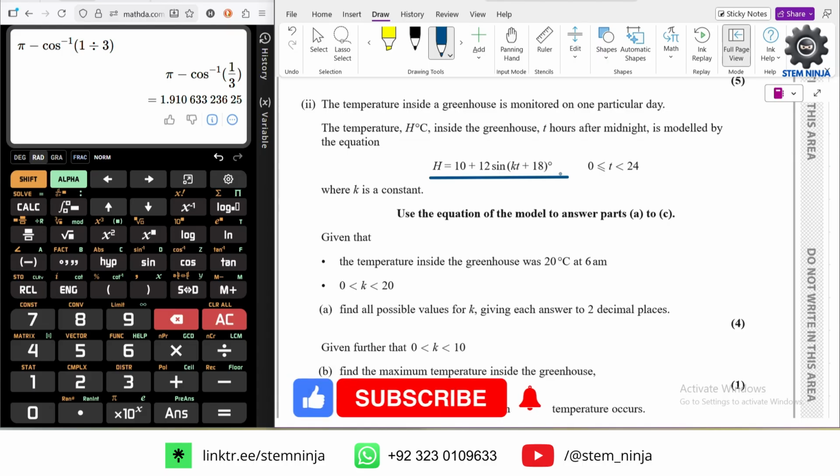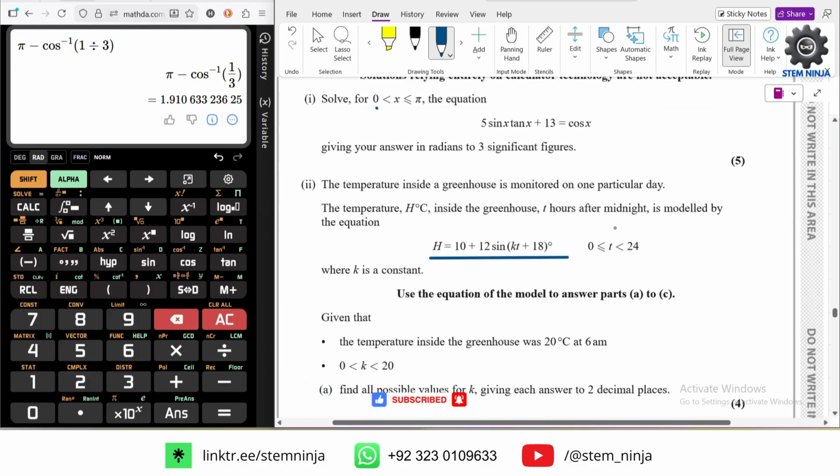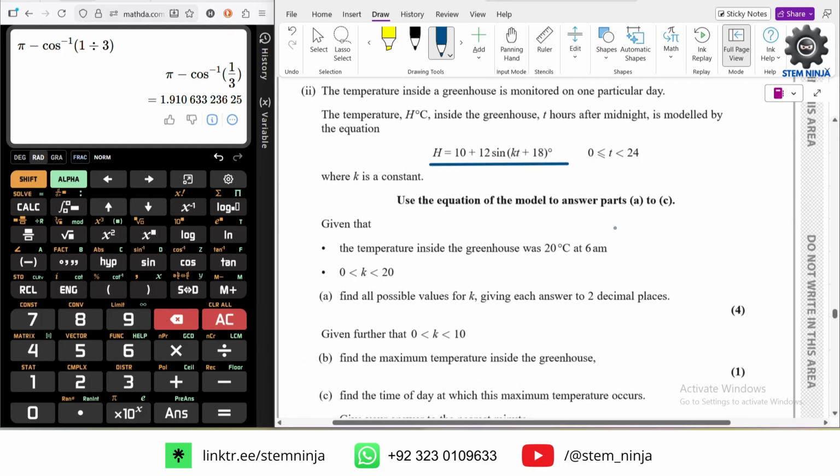Use the equation of the model to answer parts A to C. Given that the temperature inside the greenhouse was 20 degrees Celsius at 6 a.m., t hours after midnight, so that means t is equal to 6, and k is between 0 and 20, find all the possible values of k, giving each answer to 2 decimal places.